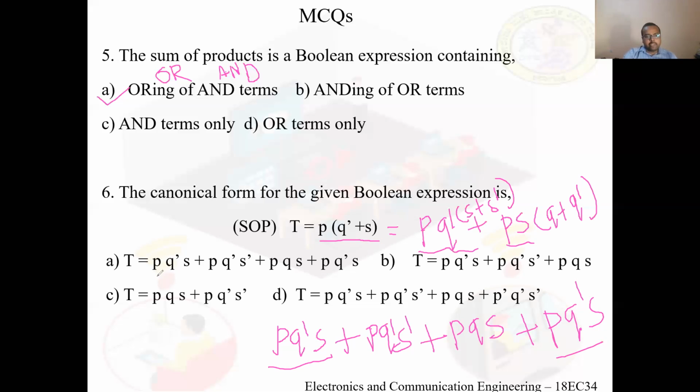We have P Q bar Y, we have P Q bar Y bar, and we have P Q Y here, and P Q bar Y is written again here. It's a redundant term. So the final equation for this one is P Q bar Y, or P Q bar Y bar, or P Q Y. The correct answer is option B for question number 6.